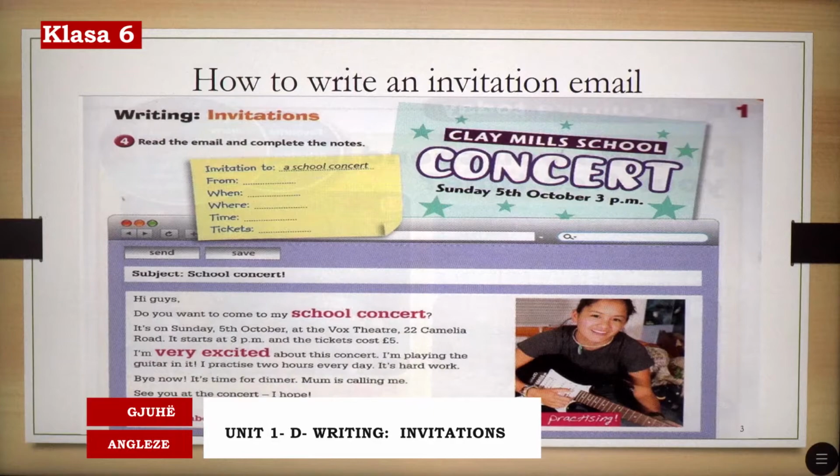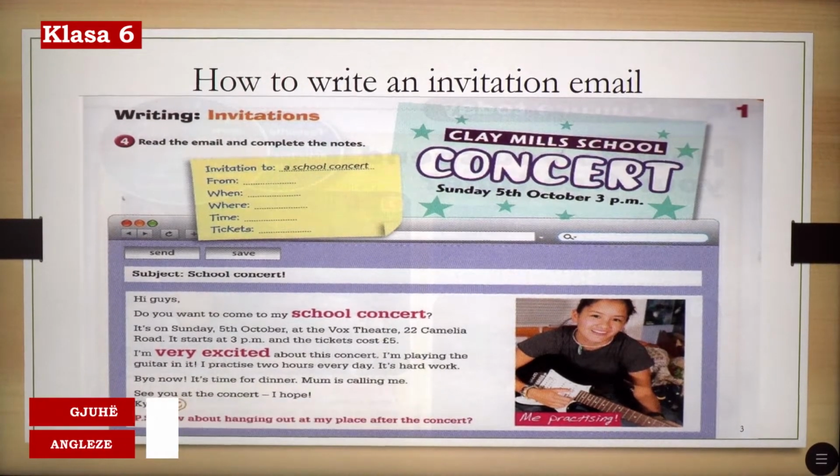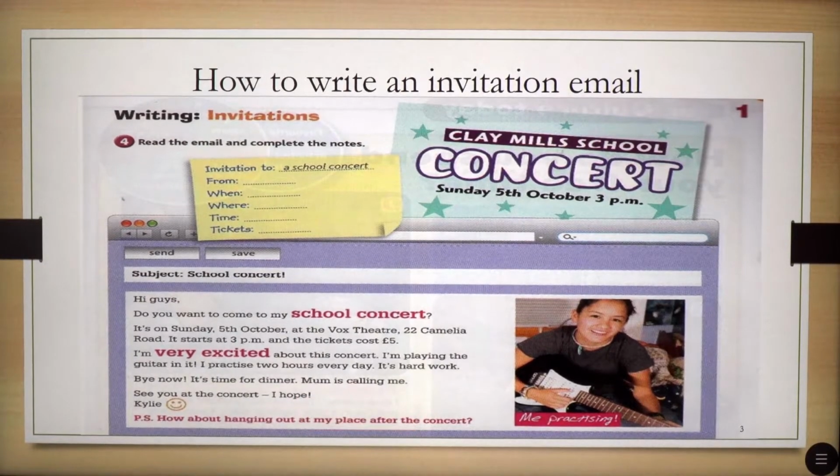Usually when we want to write invitations, we have to include first who you are sending the invitation to. In this case, as you can see, the invitation is to a school concert. Then you always write from whom, so who is writing the invitation.